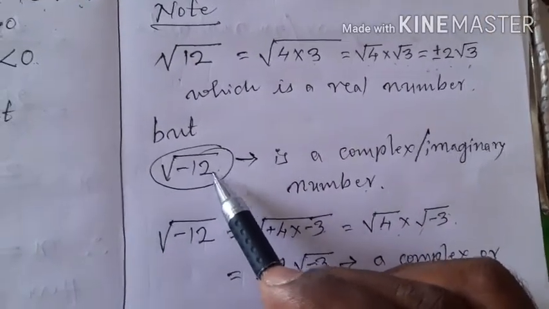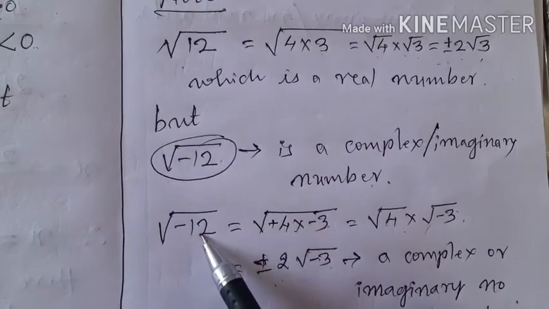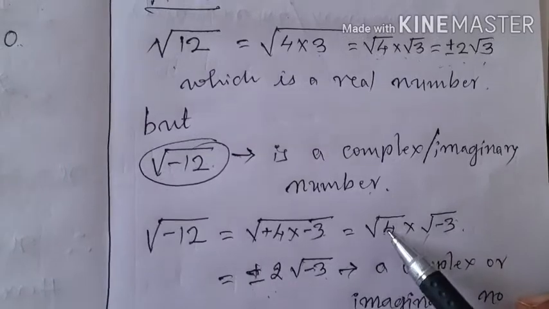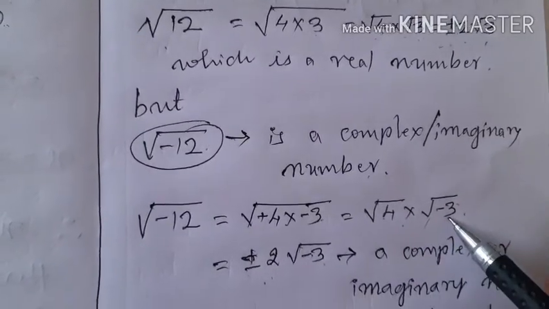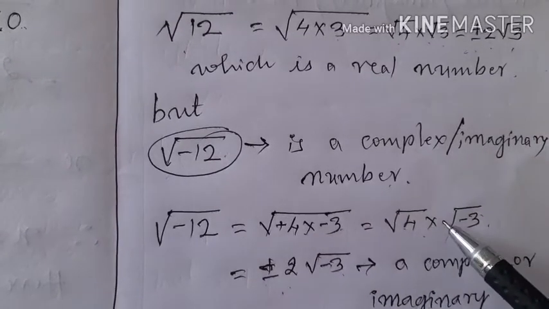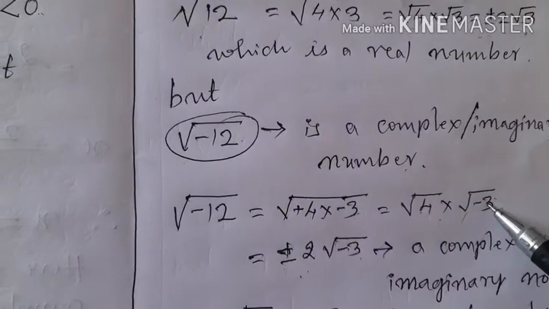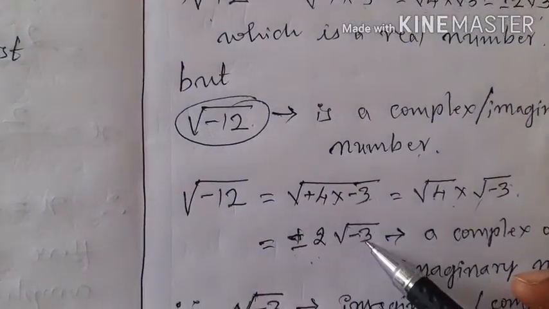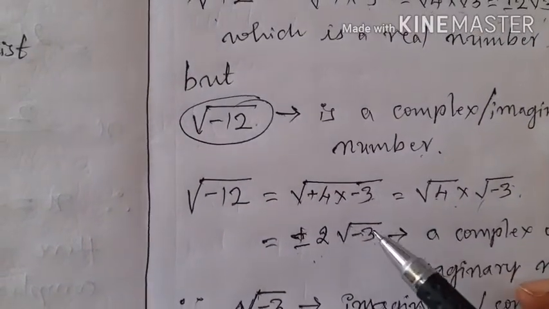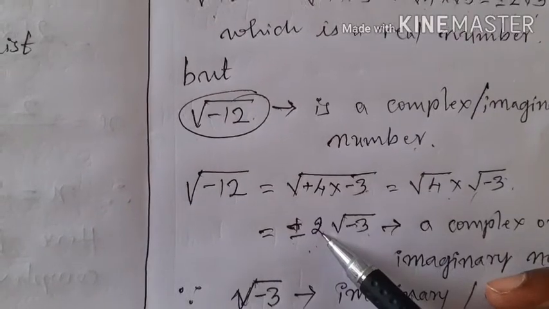So square root of minus 12 can also be written as square root of 4 into minus 3. This is root 4 into root minus 3. Root 4 is plus or minus 2, and under the root of minus 3 there is a negative integer, therefore this number is a complex number. Complex number into 2 is again a complex number.